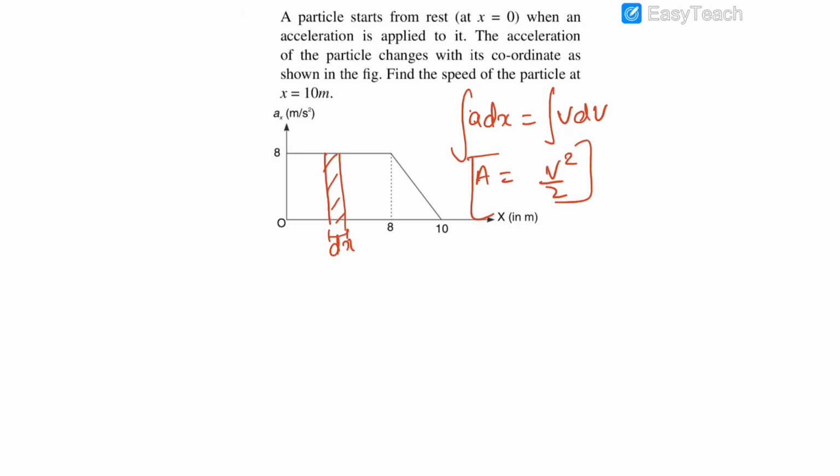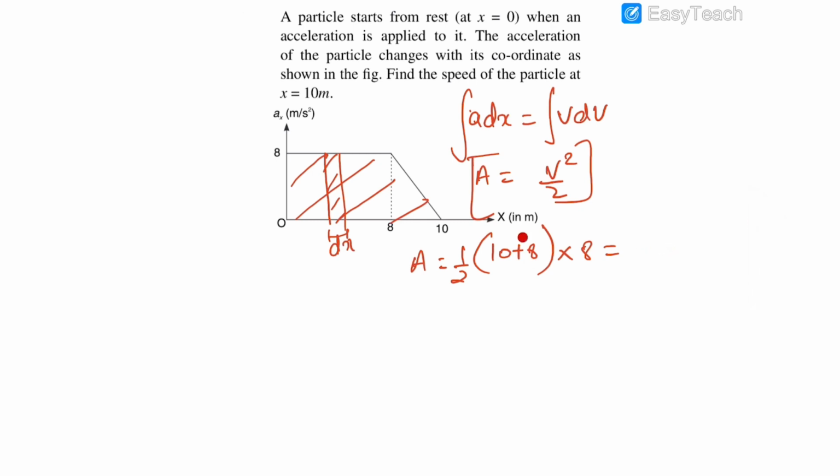So the velocity at x equal to 10 can be calculated by calculating the total area. You can see that the total area A would be half the sum of parallel sides, which is 10 plus 8, into height, which is 8. So it is equal to 320. Okay, you can see that it is in fact not 320.